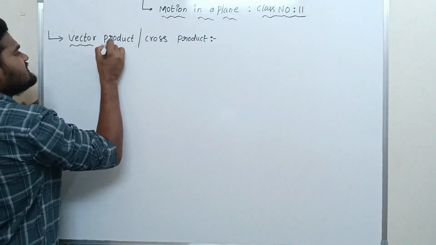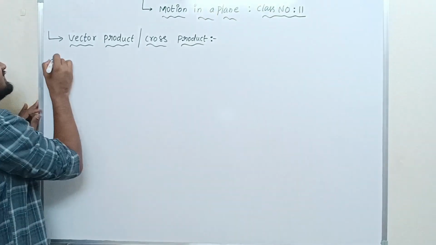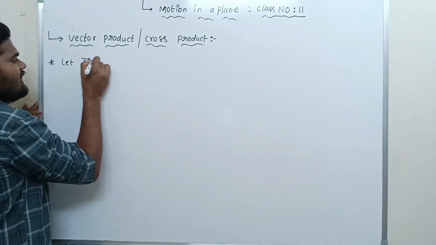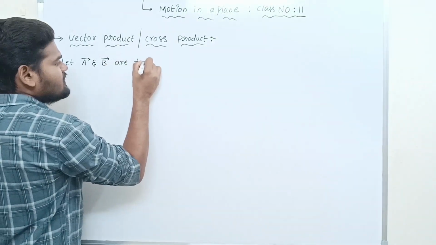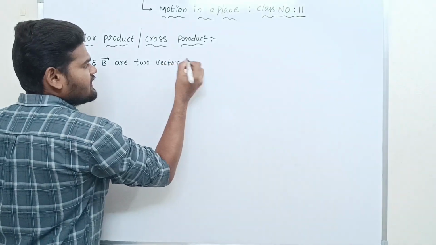Have a look. What is the meaning of vector product or cross product? Let a bar and b bar be two vectors.